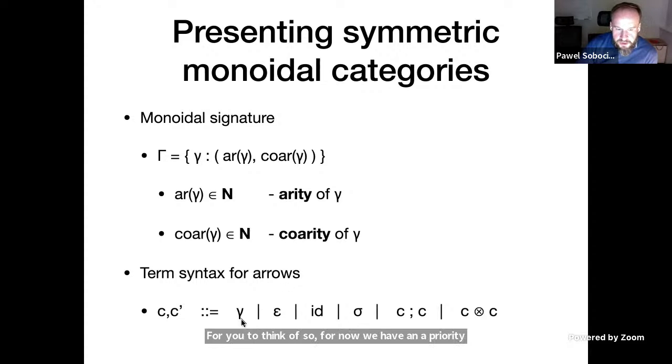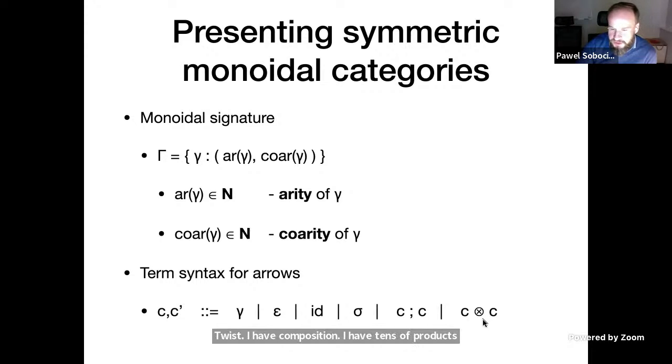I can have one of my elements of a signature. I can have something called epsilon, which I want to think of as the identity arrow on the monoidal unit, so this is going to be like the empty diagram. The identity arrow on one, so this is kind of like a wire, a twist. I have composition, and I have tensor product.